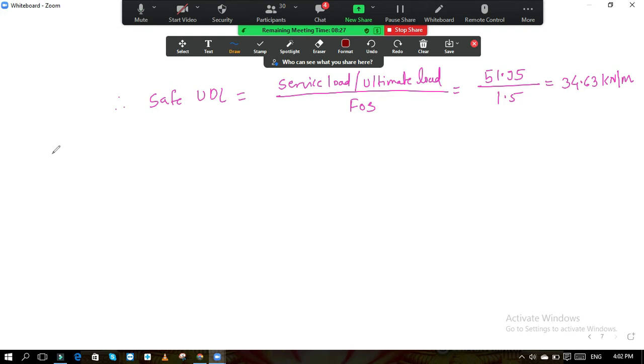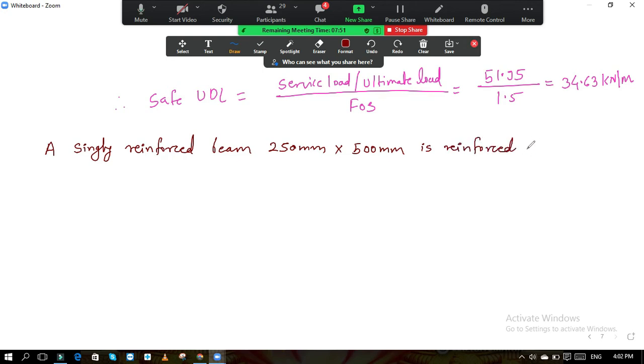So now the next problem is: a singly reinforced beam 250 mm by 500 mm is reinforced with 4 bars of 16 mm diameter with effective cover of 50 mm.